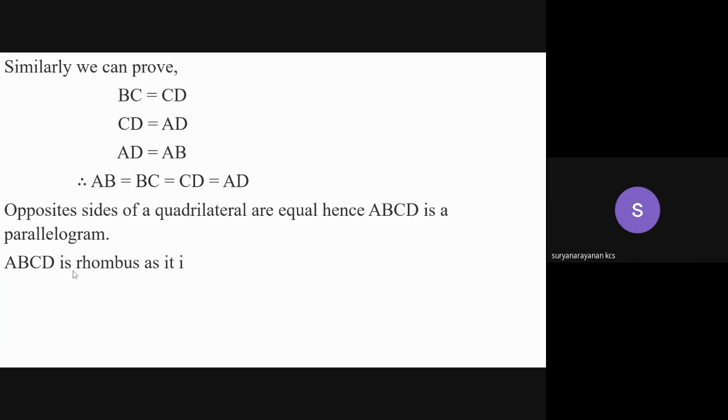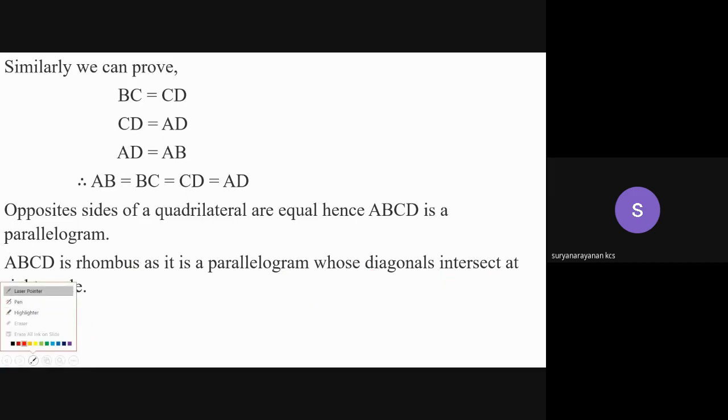We have proved both parts at a time. Therefore, ABCD is a rhombus as it is a parallelogram whose diagonals intersect at right angles. Hence, we have proved the given statement. Okay, my children. Understood this one?